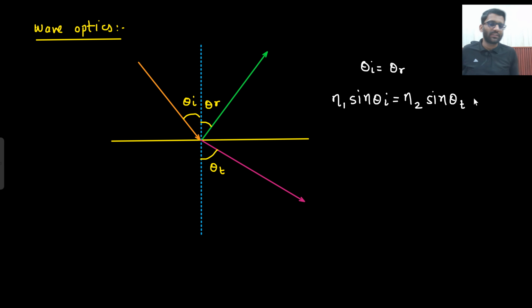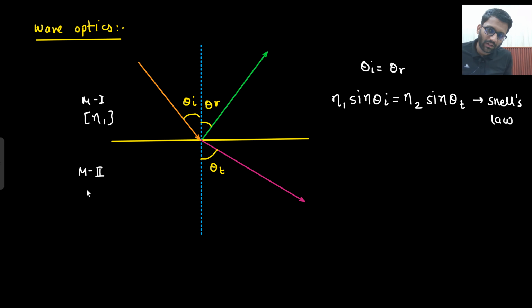Both are equal. This was known as Snell's law. This was your medium 1, having refractive index n1, and this was your medium 2, having refractive index n2. This is not eta, this is not intrinsic impedance. This is your refractive index.